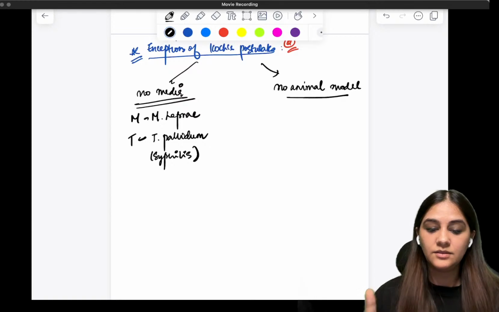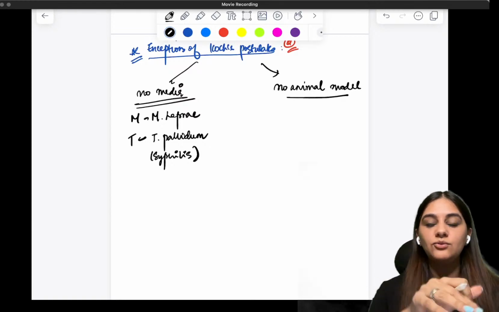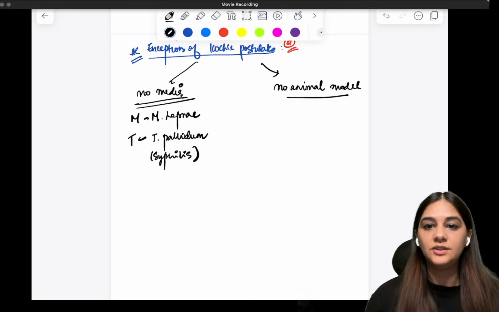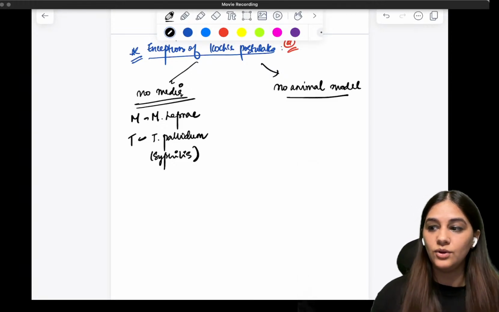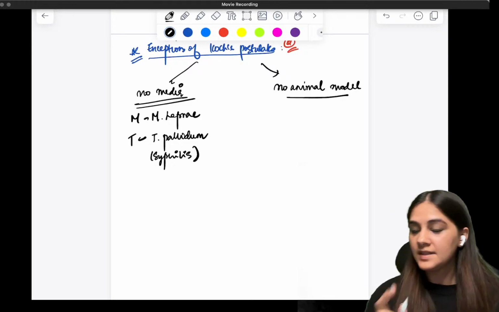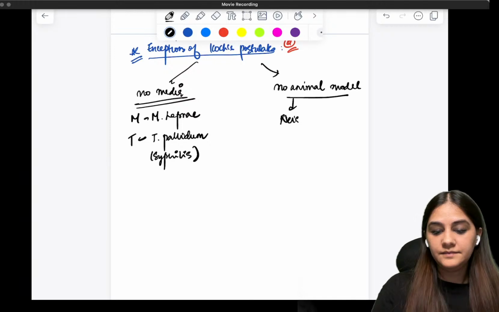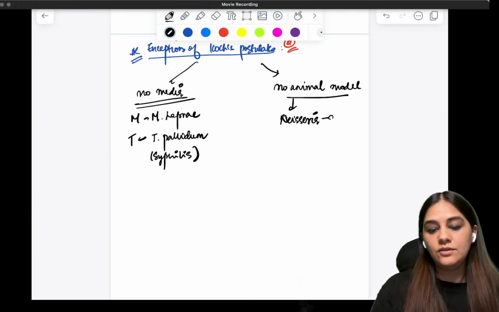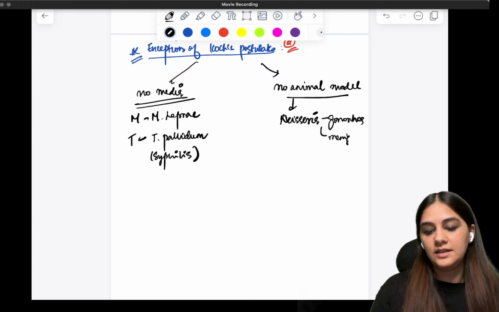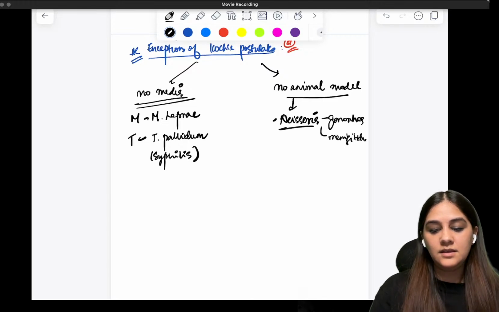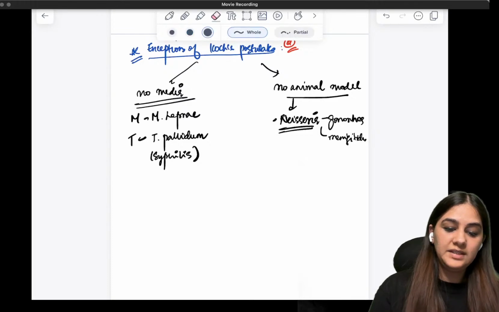Please remember this, okay? And there is no animal model. That means we don't have an animal to inject this organism into. We don't know in which animal it will grow. So which one is that? Yes, people are giving me the right answers. It is Neisseria, which causes gonorrhea or meningitis. So this is very, very important. Please remember this.